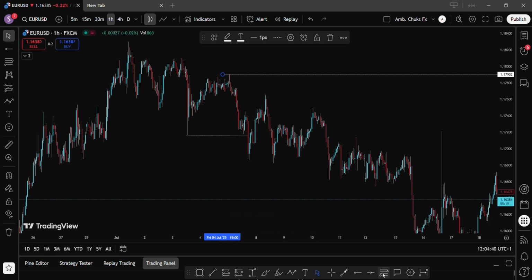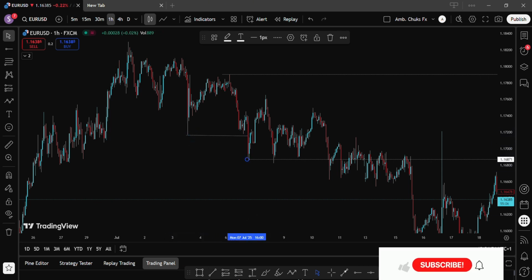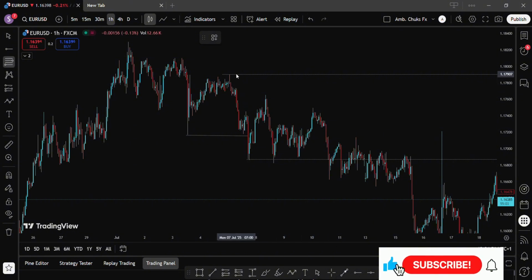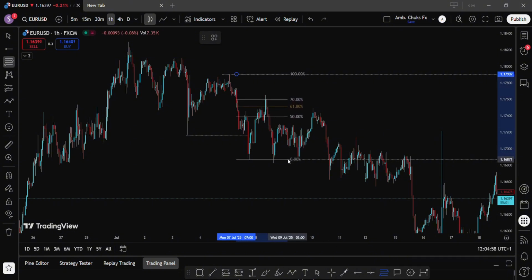So what the guy does is he will use his Fibonacci level, put it on that low, then target this high that broke the previous low, and measure from here all the way here. Once he measures that, he will now mark out the fib golden zone, which is between 61 and 70.